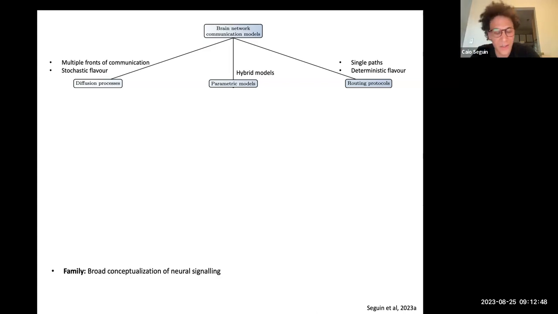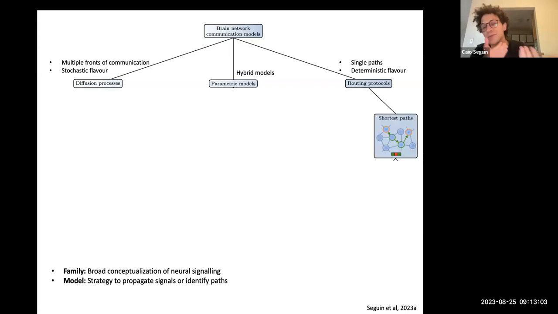A family is what I'm calling this broad conceptualization of neurocommunication. Then you have a model, which is a specific strategy of how the signals are propagated or how you identify a path between regions. For example, the classic routing protocol is just the shortest path between two nodes in your network.